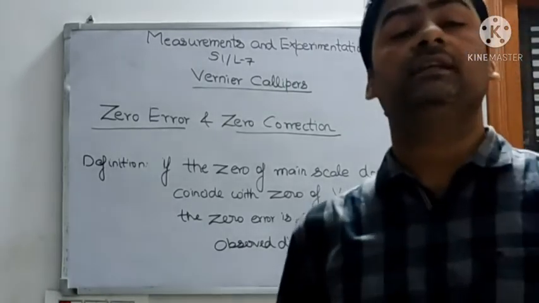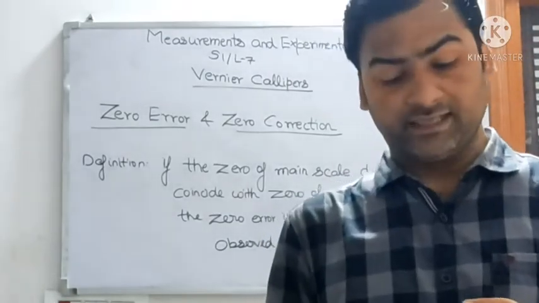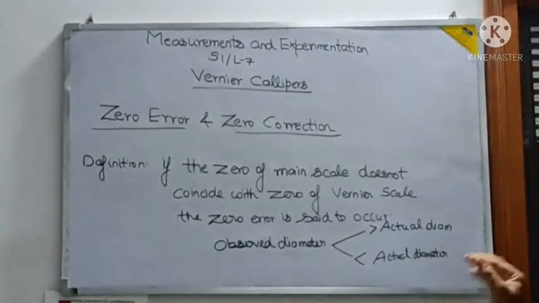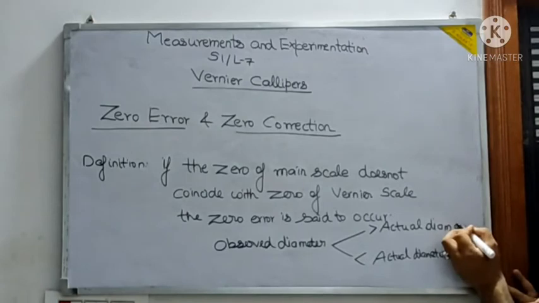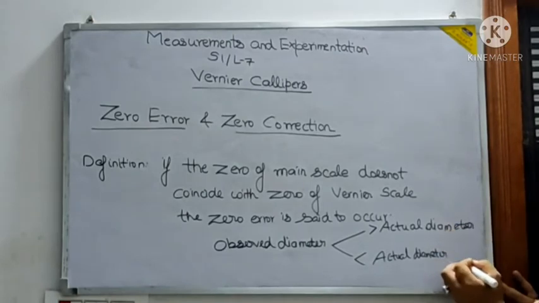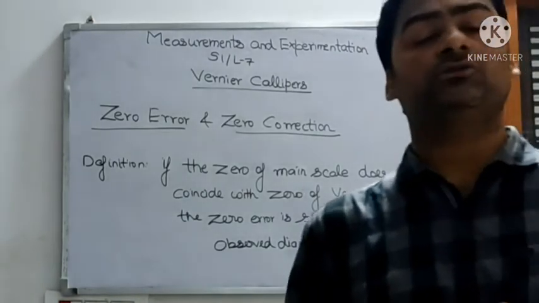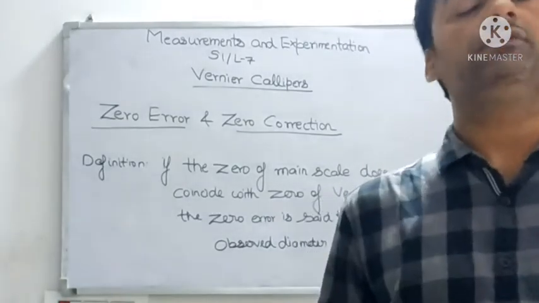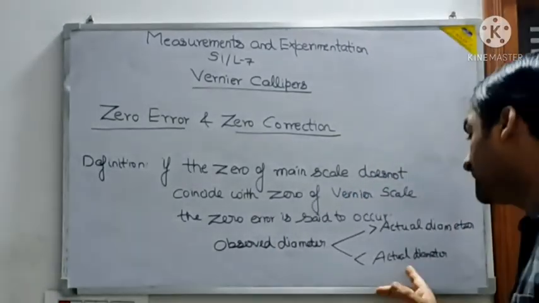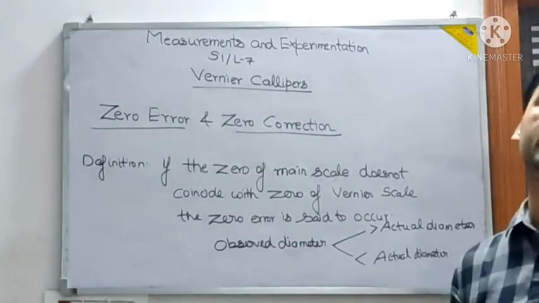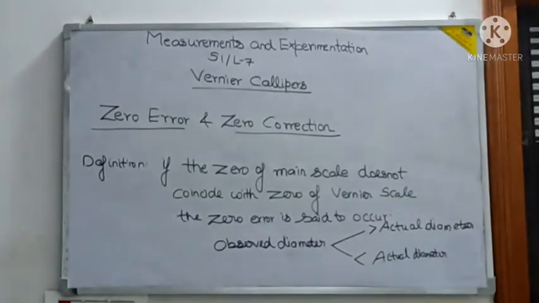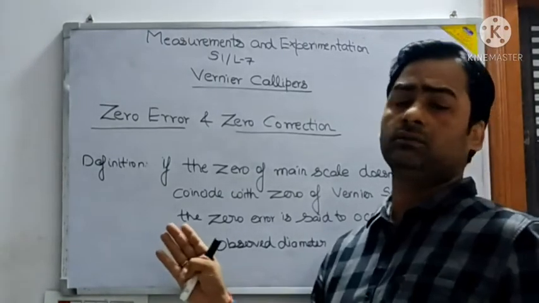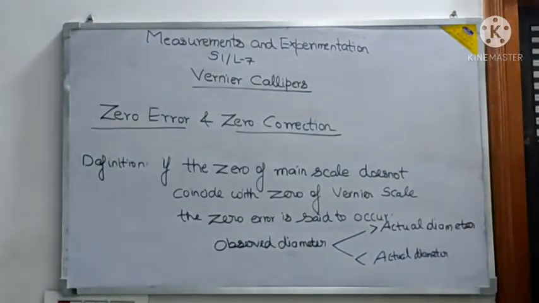So if the instrument having an error is measuring more than the actual diameter, eventually we will subtract it. And if it is measuring less than the actual diameter, we will add to it. That is the process that we will be doing. So see, one more thing it is saying that you must write. Those who have not got the books, they can write it, otherwise up to you.